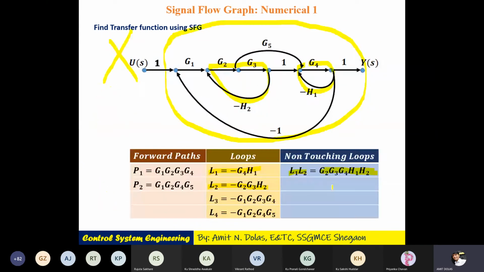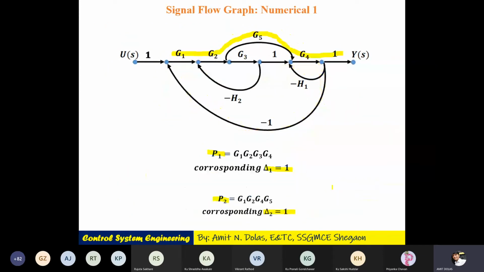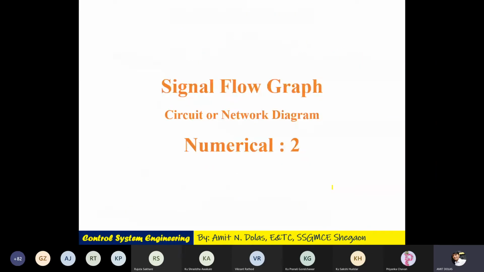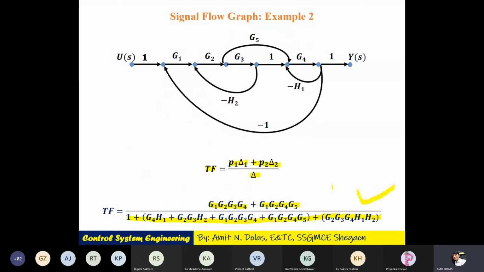Then for the sake of understanding, everything should be in front of your eyes. That's why I have repeated it on every PPT. Okay, it is not necessary while writing the paper. If you're focusing on sub loops which are not touching the forward path, then you may repeat that particular part of the signal flow, but every time you need not draw this diagram.